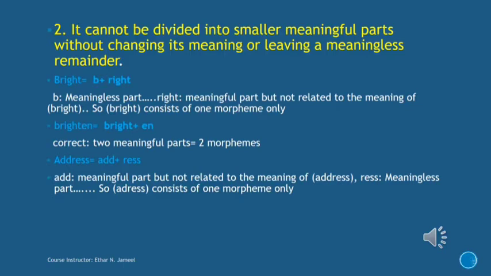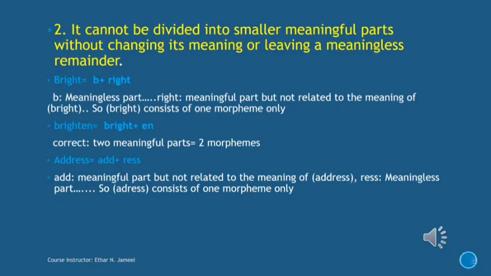Let's take examples. The word bright. Bright means shining. This word consists of one morpheme only. I want to prove according to the second criterion that this word consists of one morpheme only.